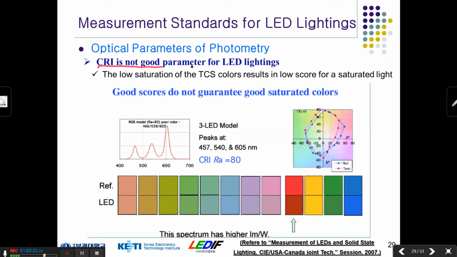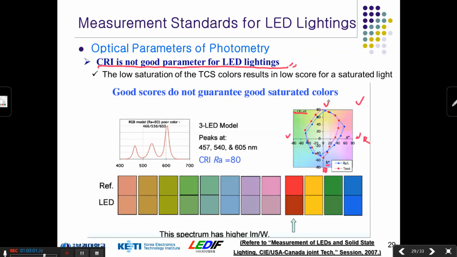CRI is not a good parameter for LED lightings. The low saturation of TCS color samples results in a low score for saturated light. In the right graph, the CIELAB a delta shows red and green. b delta shows yellow and blue.